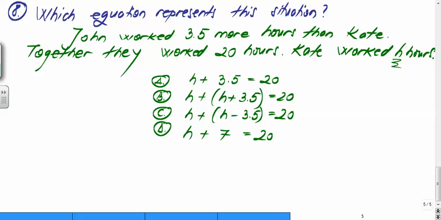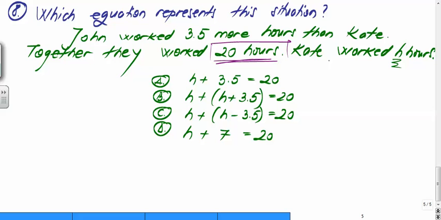And to solve problems like this, you will start with your facts. John worked 3.5 more hours than Kate. Together they worked 20 hours. So I know that John's hours plus Kate's hours will be equal to 20 hours.